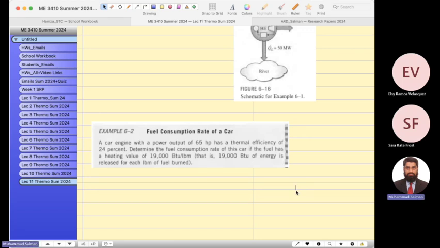Let us solve this problem. A car engine has a power output of 55 horsepower. And we know that 1 horsepower, in BTU, I will say 2545 British thermal unit per hour.